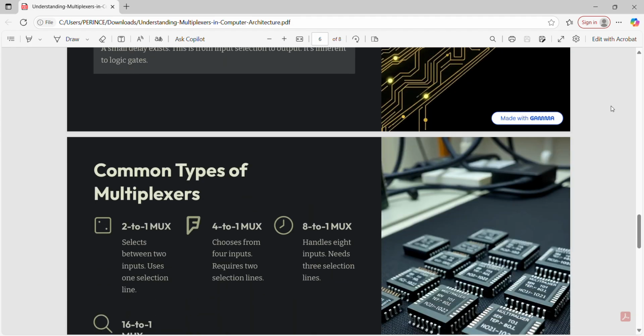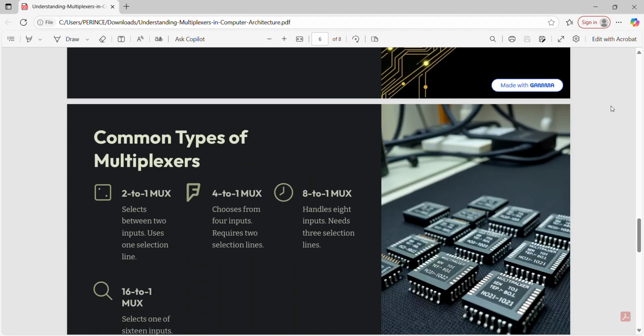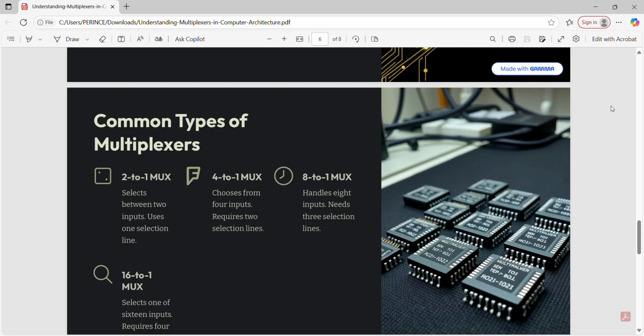So you have common types of multipliers: the 2-to-1 multipliers, the 4-to-1 multipliers, the 8-to-1 multipliers, the 16-to-1 multipliers.